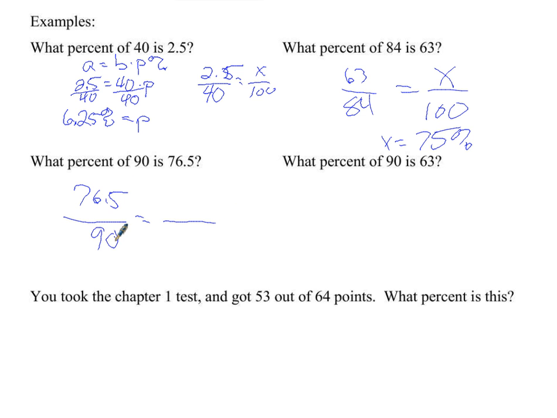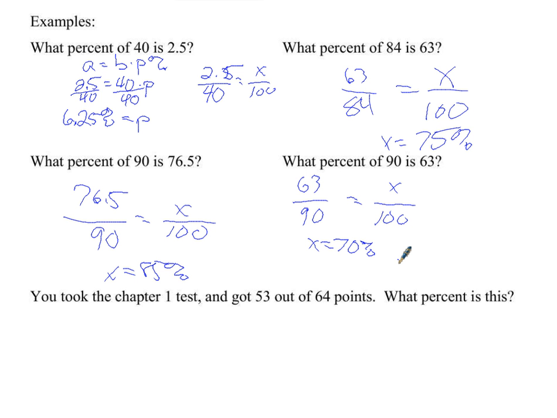Okay, so we get x equals 85%. And set up this one. 63 over 90 is over of equals x over 100. X equals 70%.